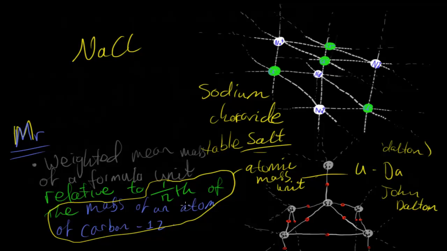Now, the reason why I've done this in 3 different colors is because if this was a 3-mark question, this part right here would be the first mark, this part right here would be the second mark, and this part here, the mass of an atom of carbon-12, would be the third mark.